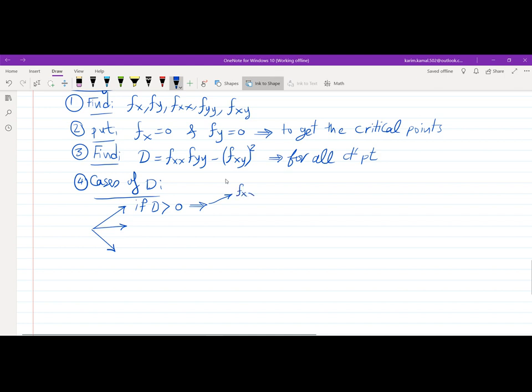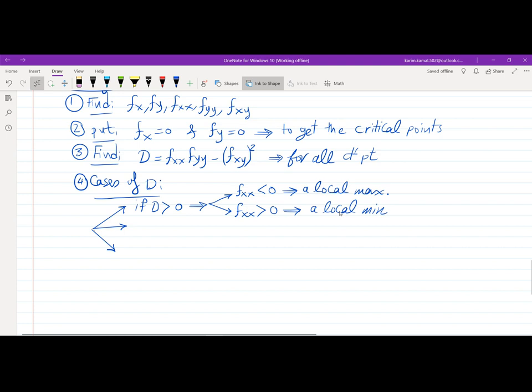If fxx is less than 0, then at this point f of x and y has a local maximum. And if fxx is greater than 0, then the function has a local minimum.